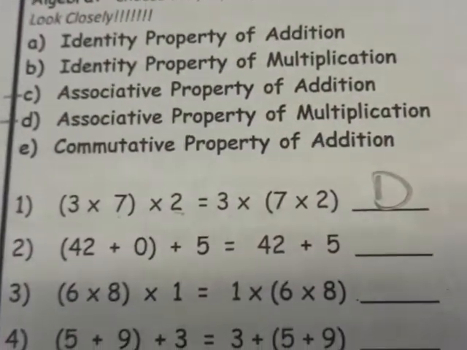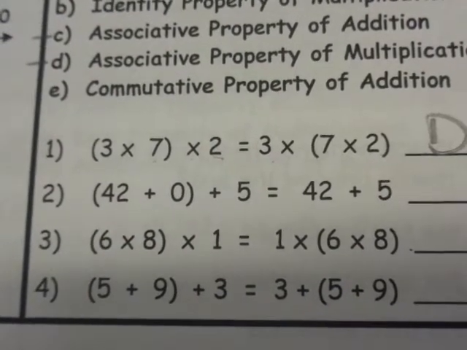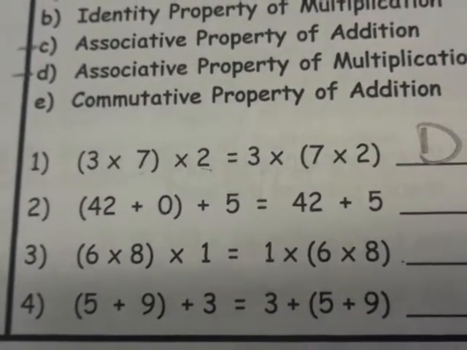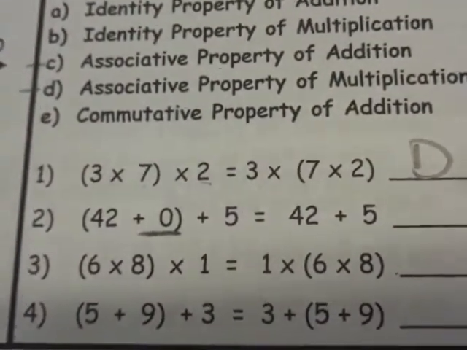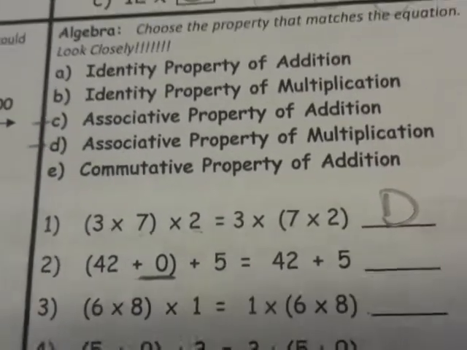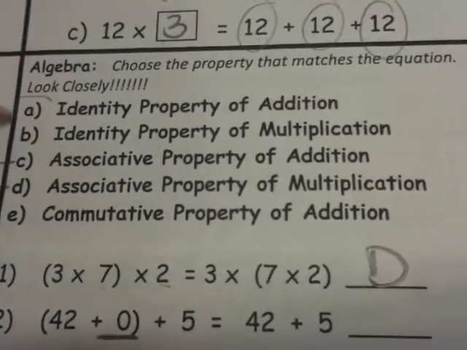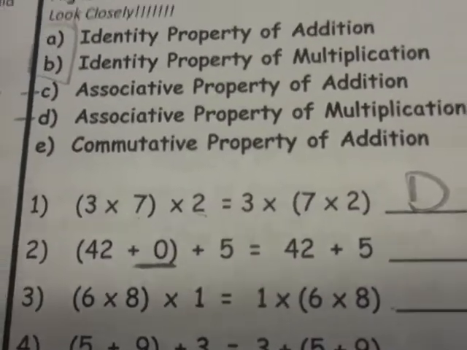Associative property of multiplication. Number 2 shows 42 plus 0 plus 5 equals 42 plus 5. This 0 here tells me that anything plus 0, it keeps the same identity, keeps its same value. So identity would be up here, and does it show addition or multiplication?